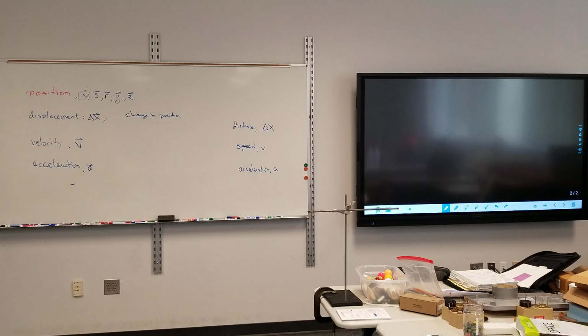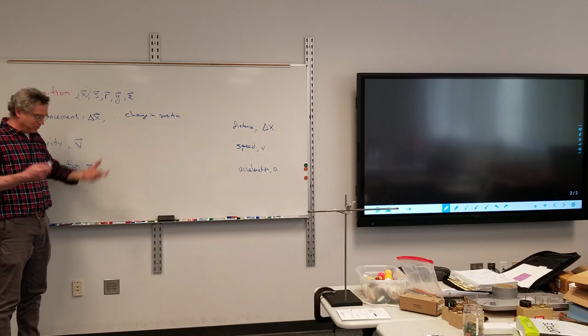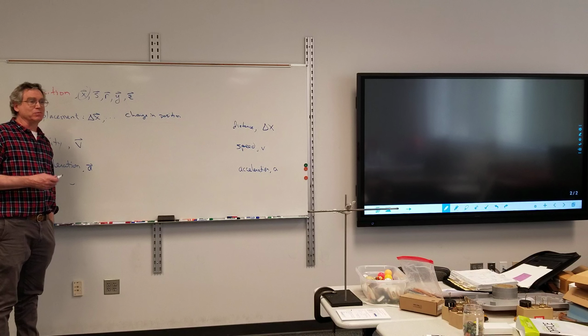All right, what's position? What is position? Where a man. X. No, I'm looking for a definition. Oh, where a man. Yeah. Where you are from the origin. There we go. Now, where am I? I'm right here. I need some sort of reference.